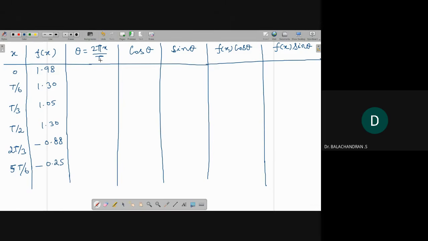So the theta value means when x is equal to 0, theta is 0. When x is equal to π/6, theta is π/3. This is 2π/3.